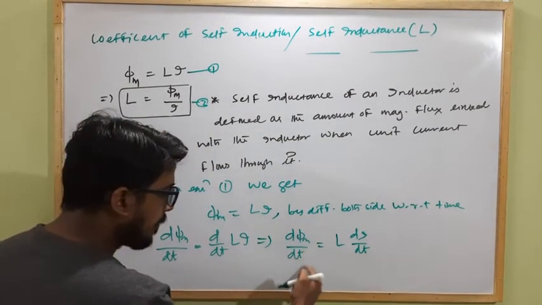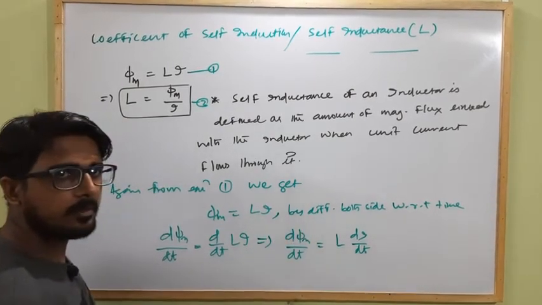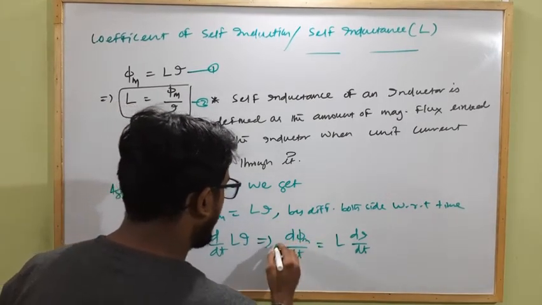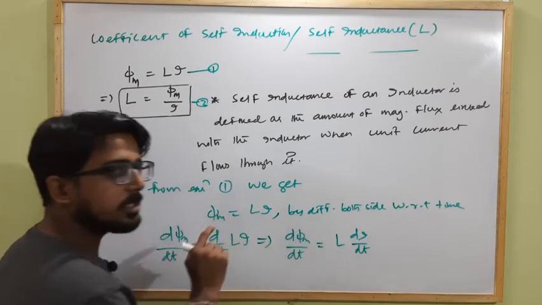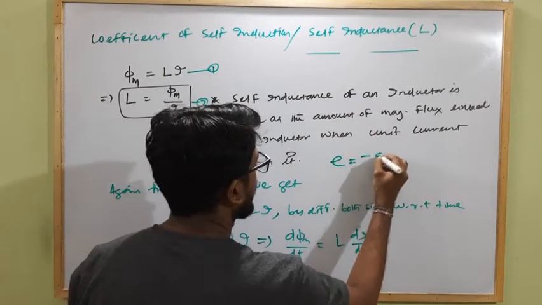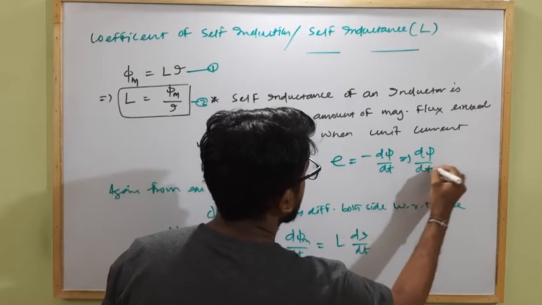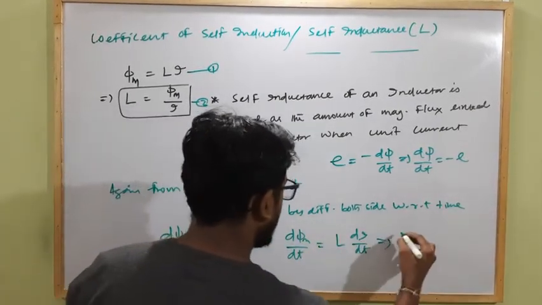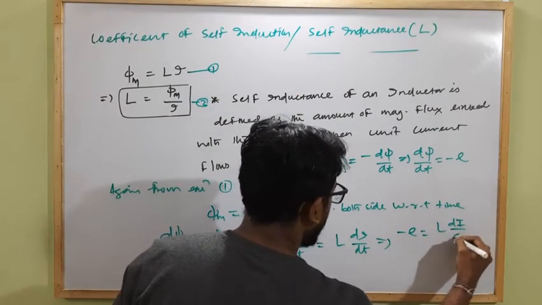What is d phi by dt? It is related to the induced EMF. According to Faraday's law, the induced EMF E equal to minus d phi by dt. So this implies d phi by dt will be equal to the negative of the induced EMF. So from this we can write minus E equal to L into di by dt.